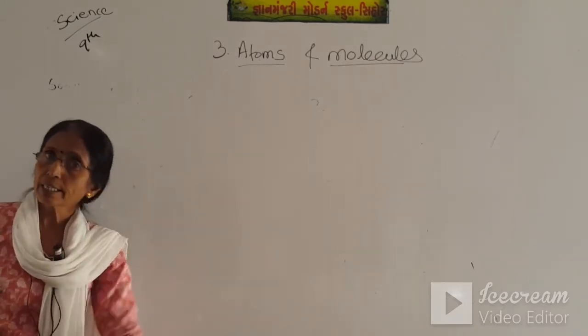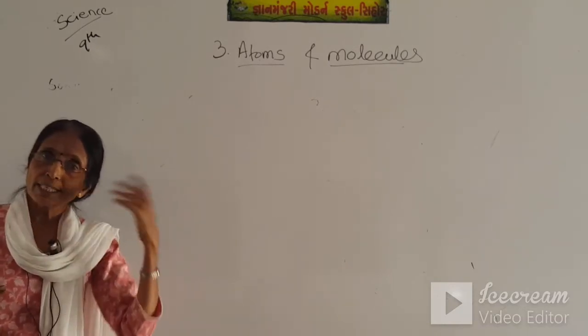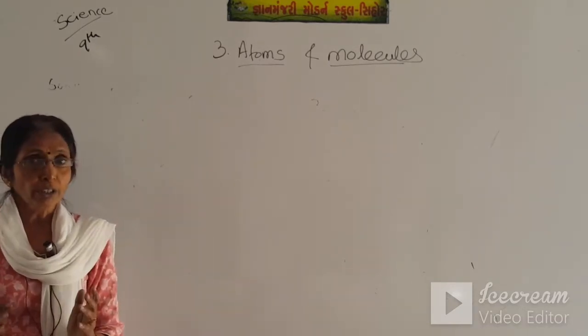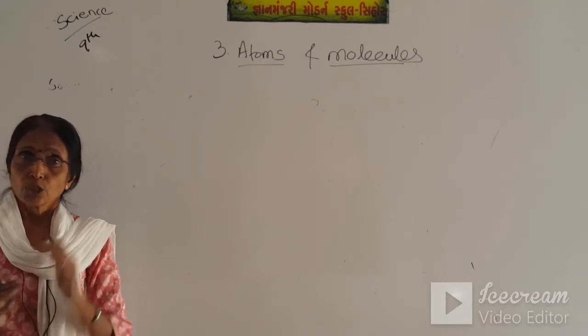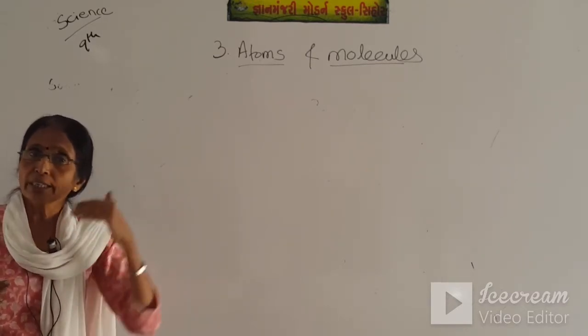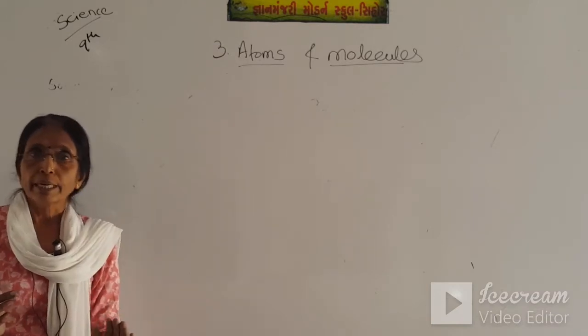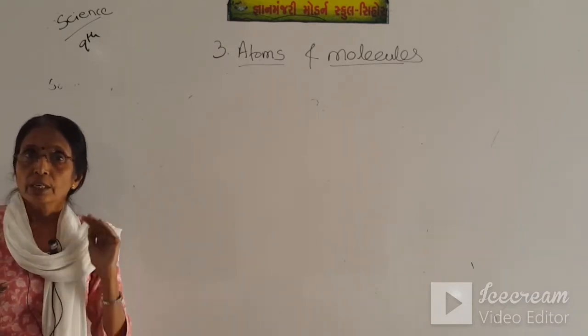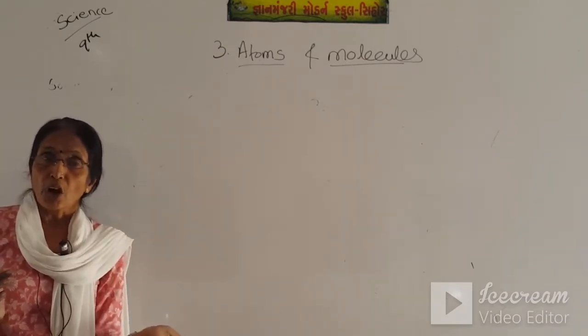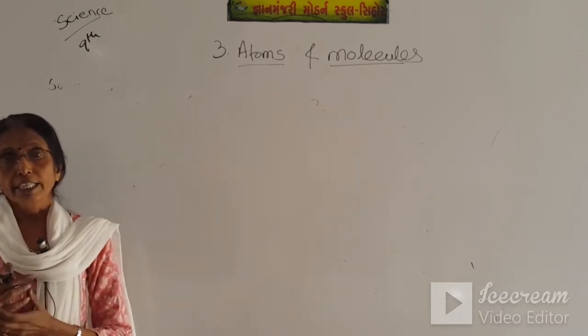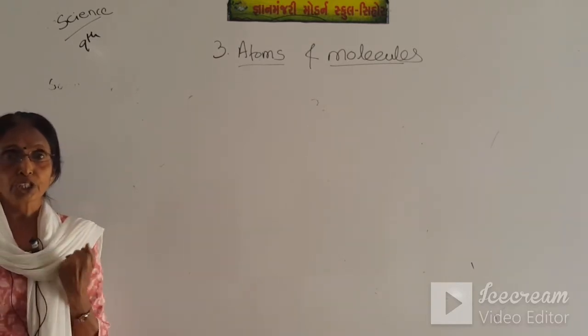When it loses electrons, the negative charge decreases. The proton has a positive charge, so the positive charge is more than the negative charge. So when any element loses or donates electrons, it achieves a positive charge.